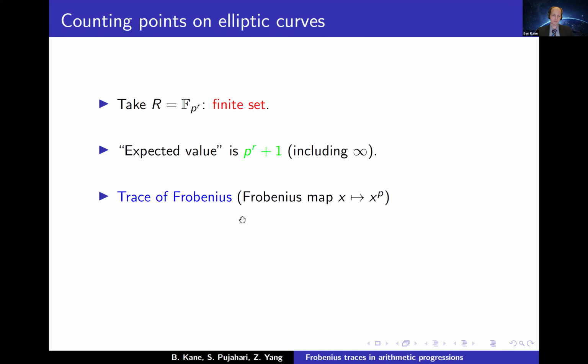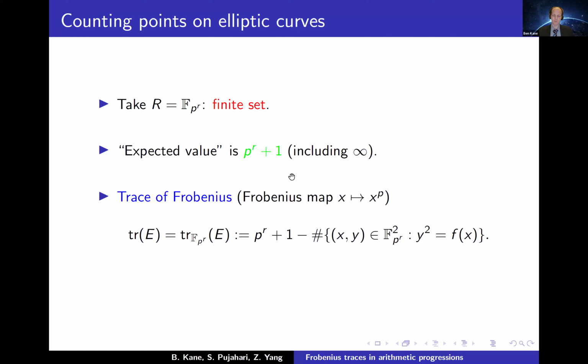And then there's a map called the Frobenius, which takes every number to its pth power in this ring. And the trace of this across the elliptic curve, where you take points to their pth powers, turns out to be related to the number of solutions in some sense.